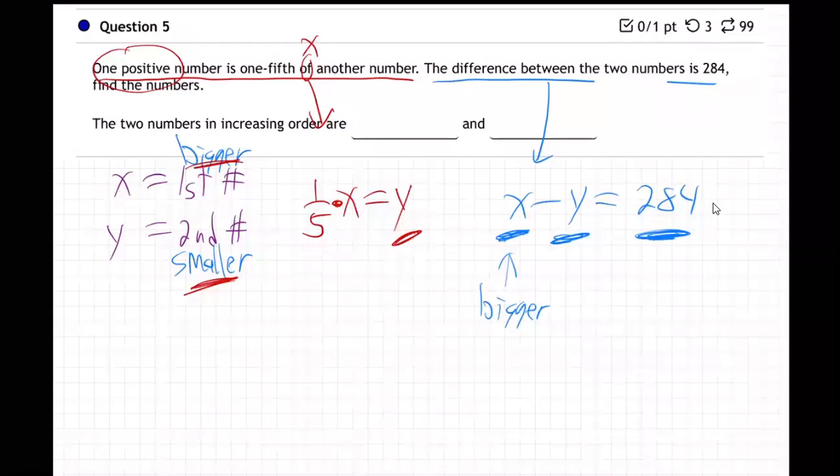Okay, so what do you do when you have two equations? Remember what we've learned? Two letters with two equations.